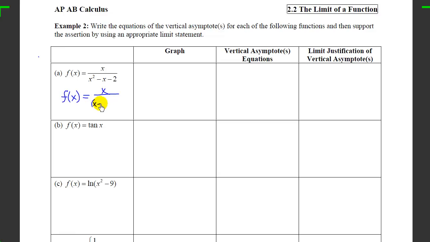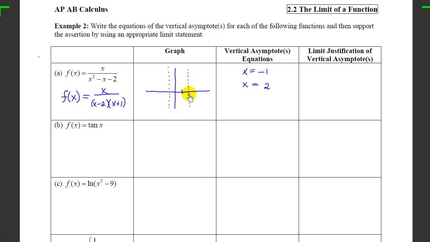I've got an x minus a 2 and an x plus a 1. So I can see that there are going to be issues at x equals -1 and at x equals +2. If I graph this curve, x equals -1 is going to be a vertical asymptote, and x equals +2 will also be a vertical asymptote.